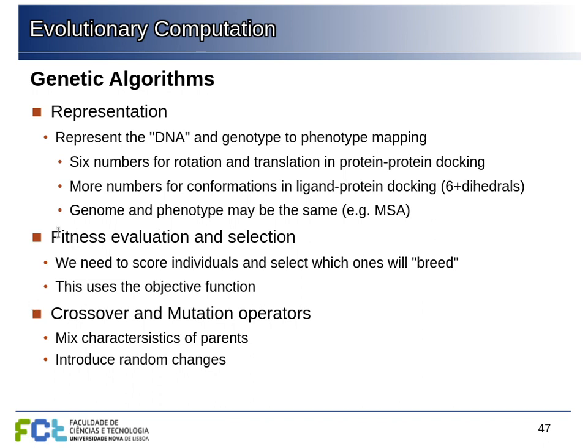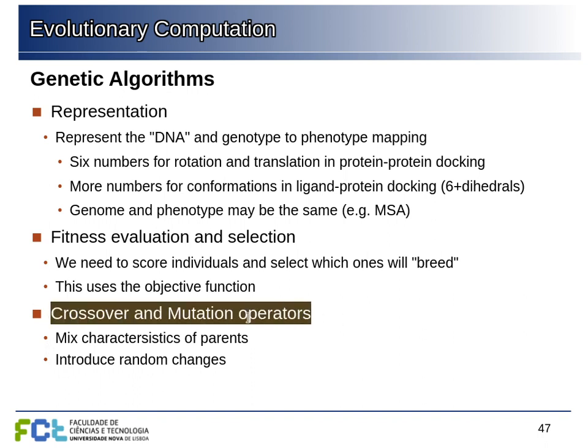Another thing that we need is to evaluate fitness and select candidates for breeding for the next generation. So we need some scoring function that tells us which are better, which are worse, but this, of course, we also always have when we are dealing with an optimization problem. We need the function to optimize. And then we need these operators.